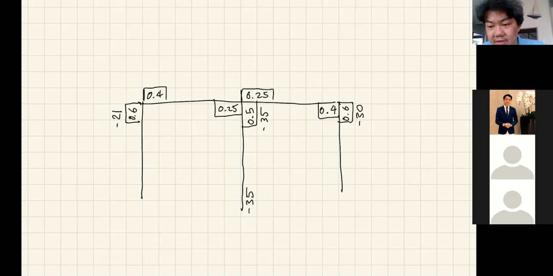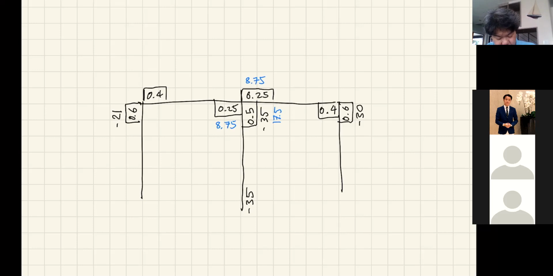So we do the moment distribution as usual. Let's demonstrate it for one cycle. Say you have minus 35 here. We're going to balance that. 50% is going to come from the column, so that's 17.5 and 8.75 here, 8.75 there.